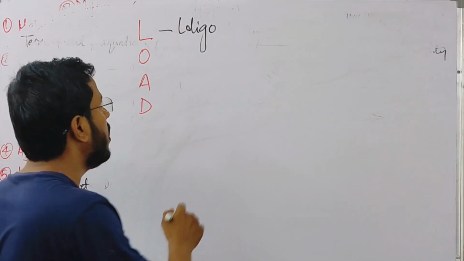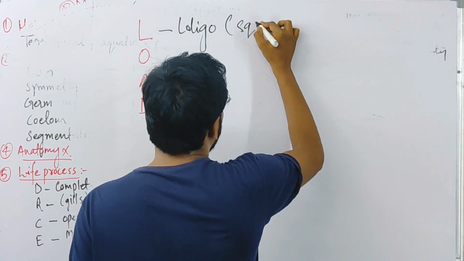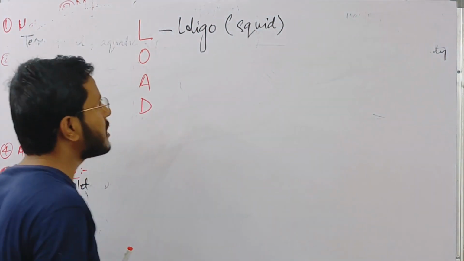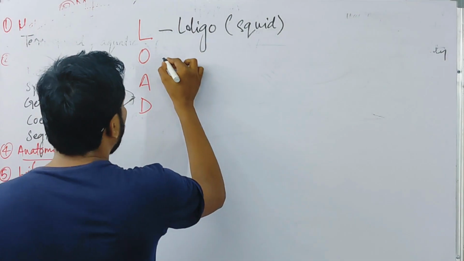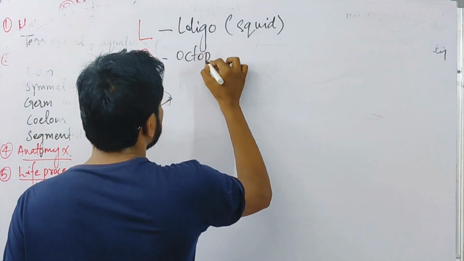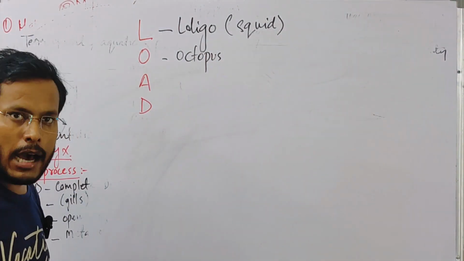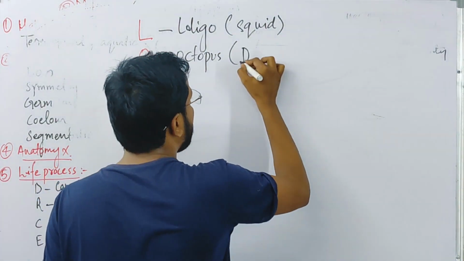L for Loligo, and Loligo is commonly known as squid. O for Octopus, and octopus is commonly known as devilfish.